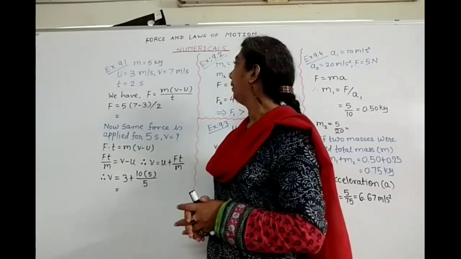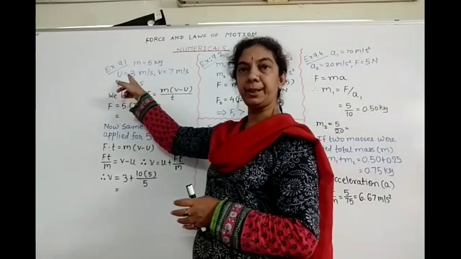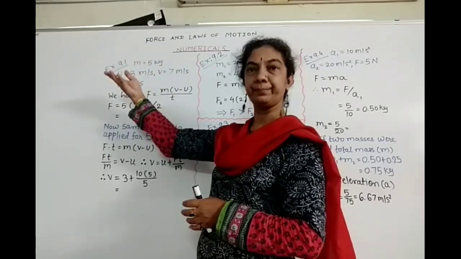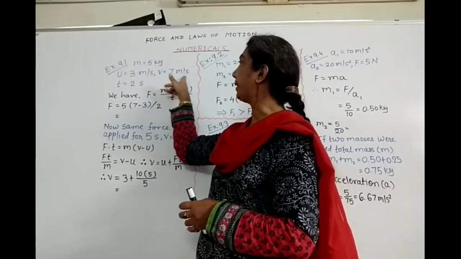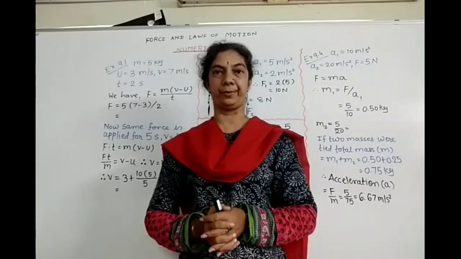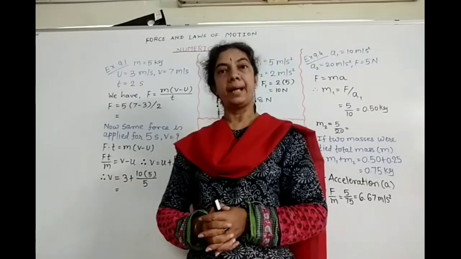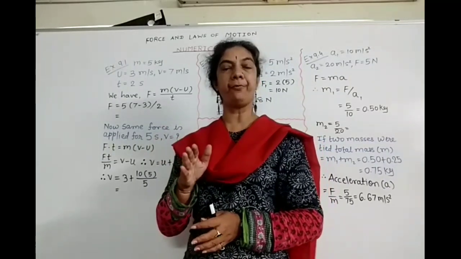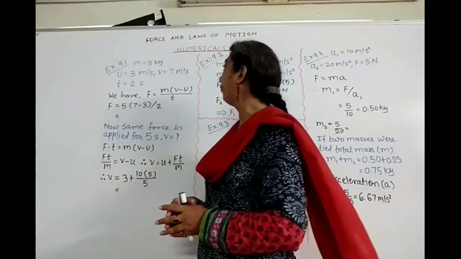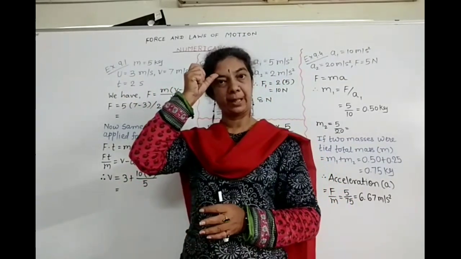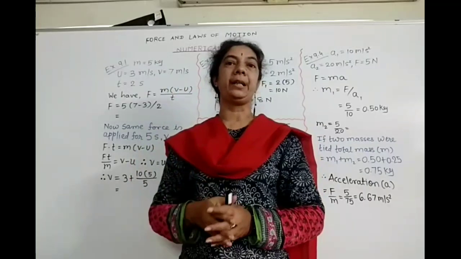So its initial velocity 3 meter per second is increasing to 7 meter per second. Find out the force. Then it is asked that if that same force is applied for 5 seconds instead of 2 seconds, what will be the final velocity?